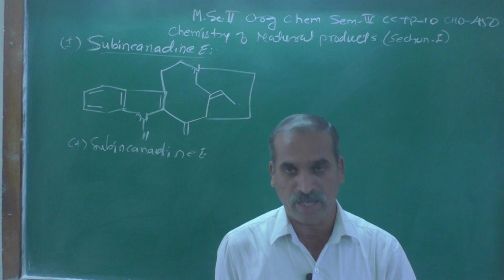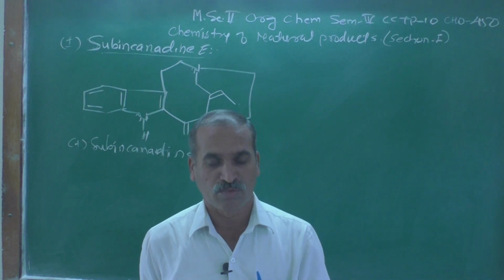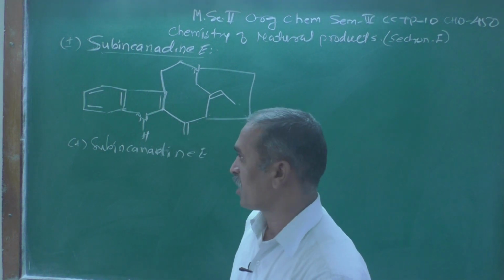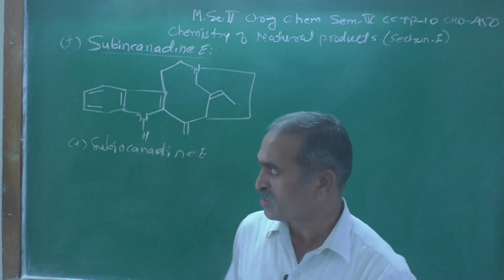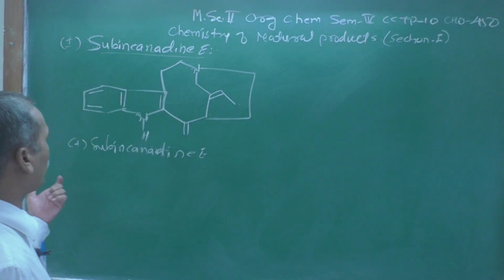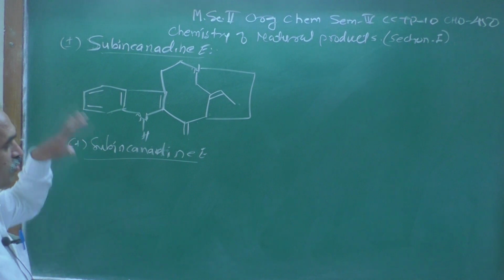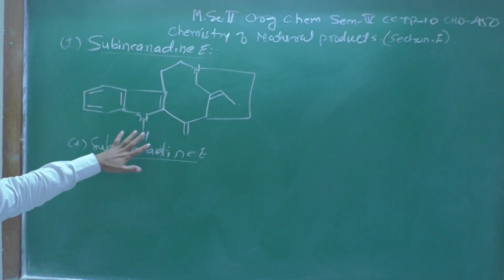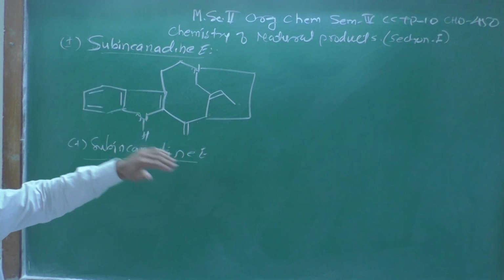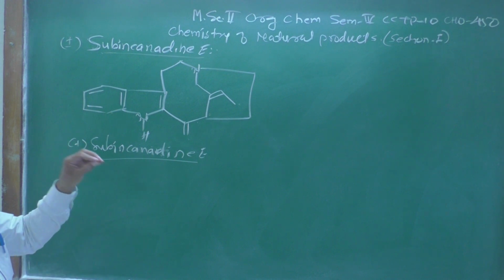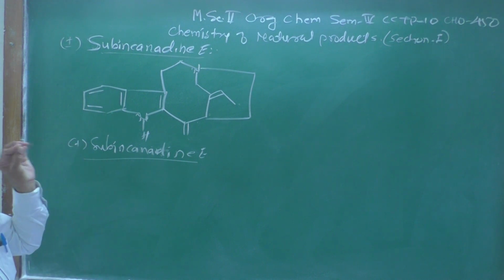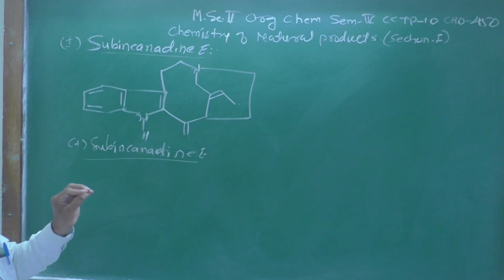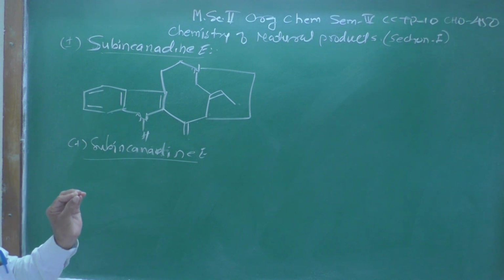Now today what we are going to discuss is the actual synthesis of sabine canadine E. This is a target molecule, and by using the starting material, how we can synthesize it, how we can prepare it in the laboratory, that actual method we are going to discuss today.